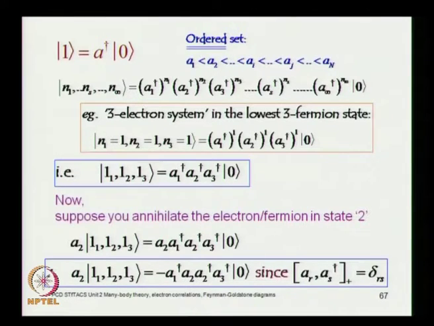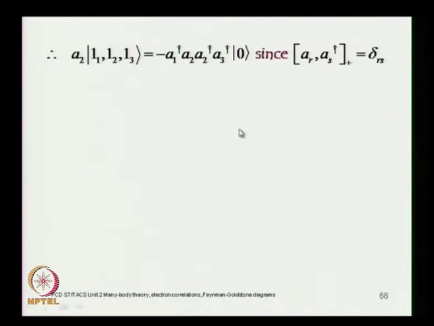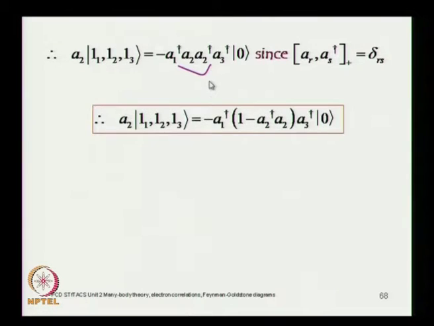Now, let us take this result to the next slide, and now you want to move A2 further to the right of A2 dagger. Now, when you do that, again you have this anti-commutation relation, but this time A2 A2 dagger will be equal to 1 minus A2 dagger A2, because these are the same labels.